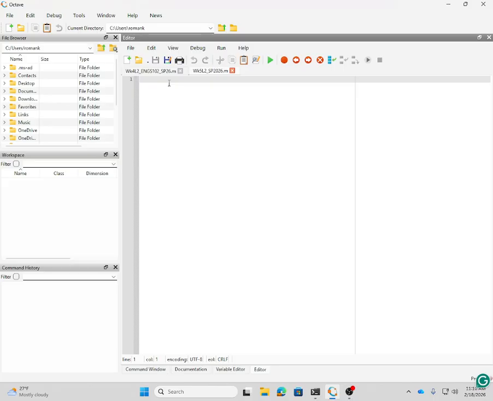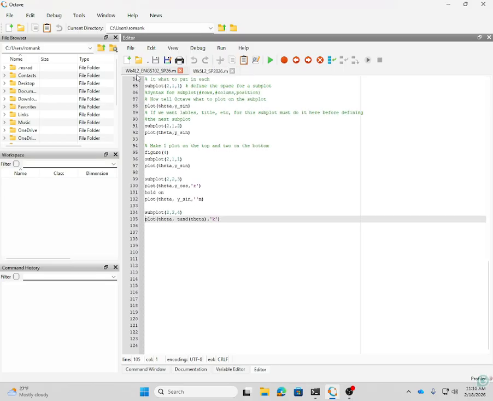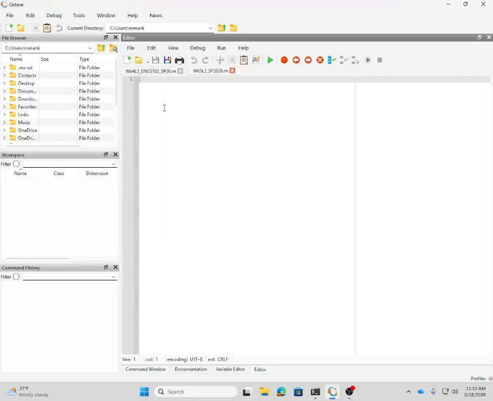Now I have so much to write here first, and then I'm gonna start talking about the user defined function. Alright, so first thing is the title.